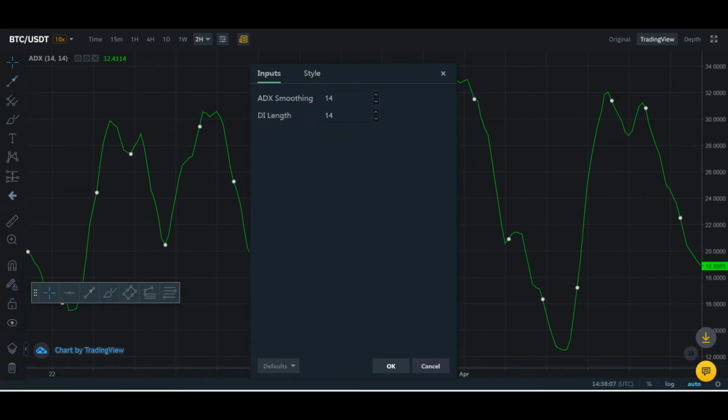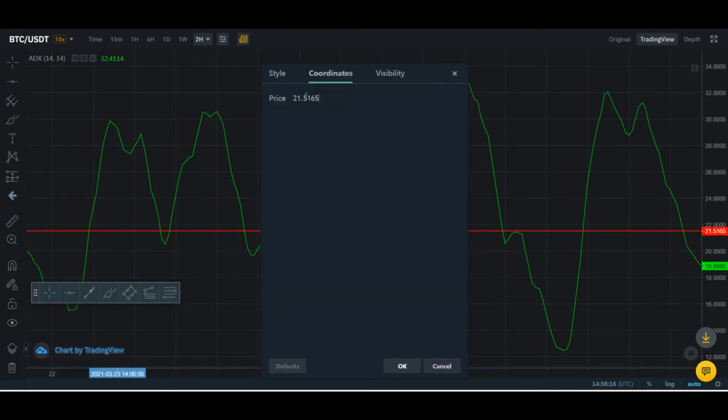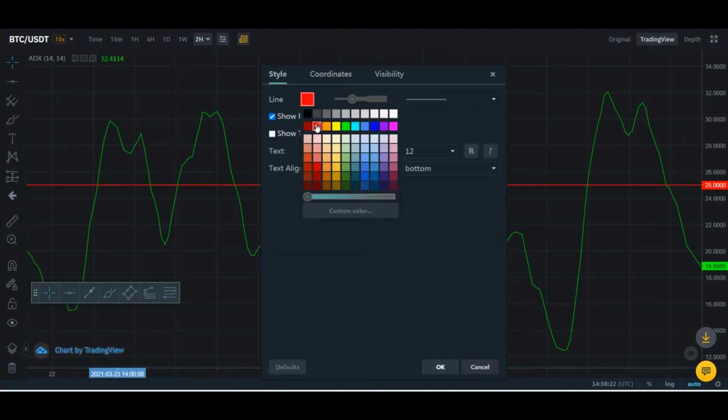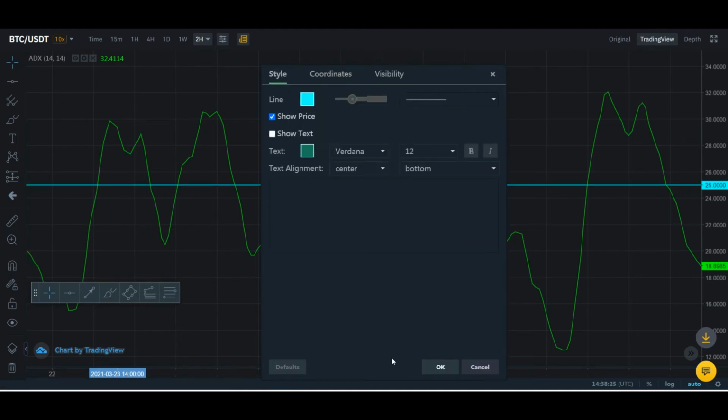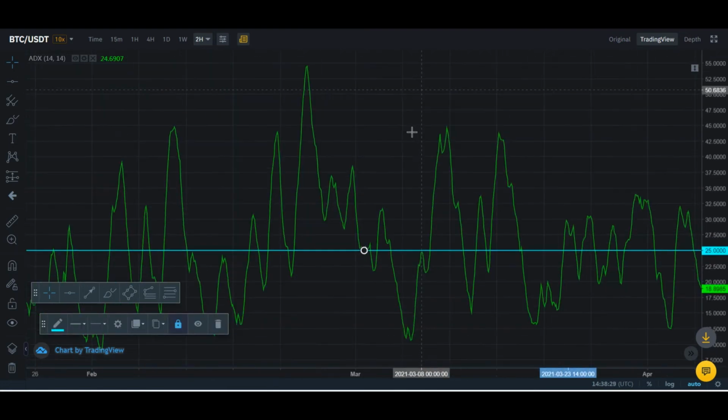So if the ADX is going up and the chart is going down, that means that the downtrend is massive, okay? So if it's above 25, it's a strong trend. If it's above 50 or 75, oh my god, depends on the situation.